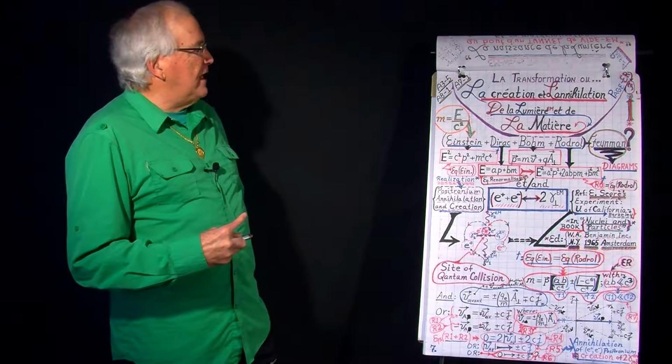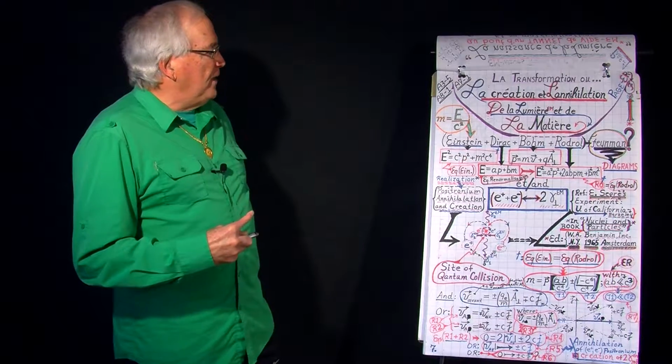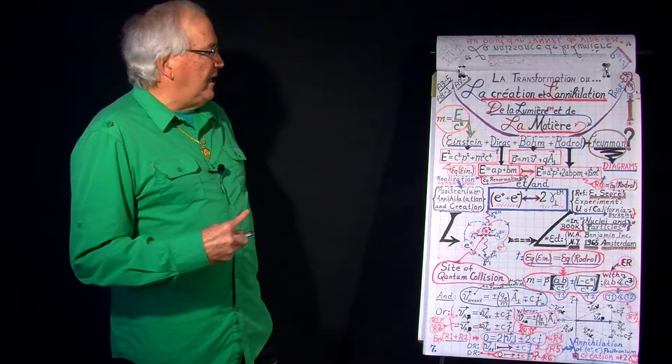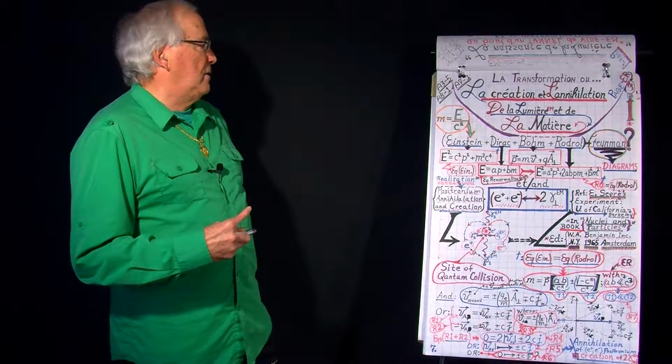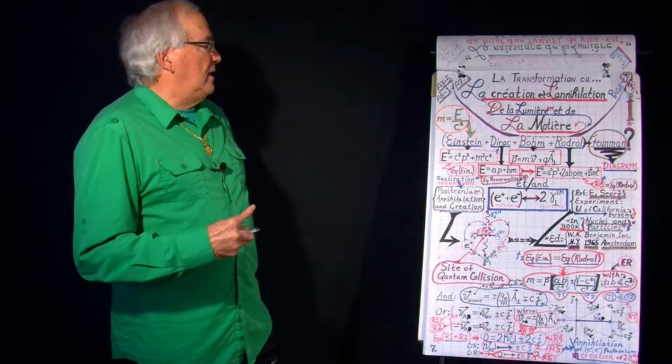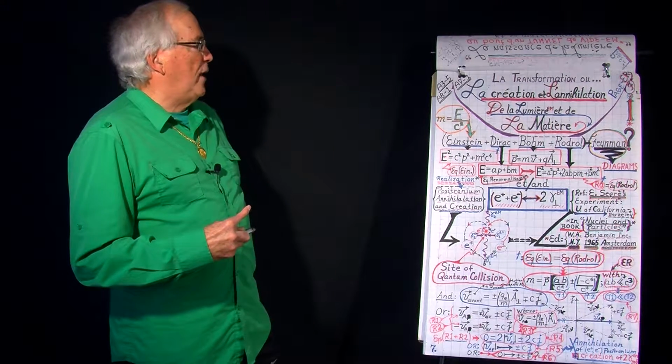Now, because there is a momentum, if the particle is moving, then Einstein defined that the total energy of the particle would include the momentum multiplied by the speed of light, and this is squared.